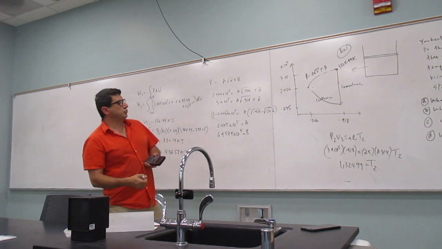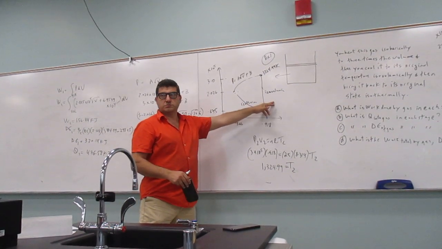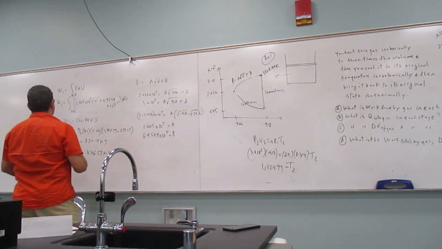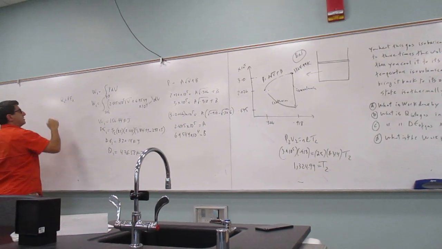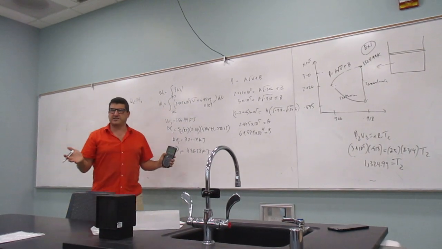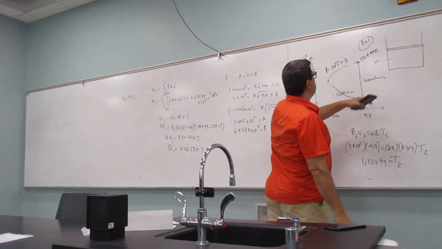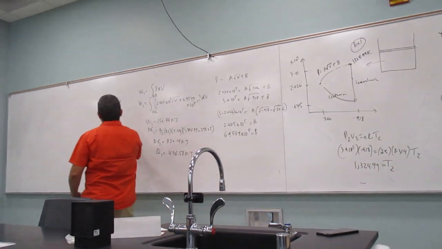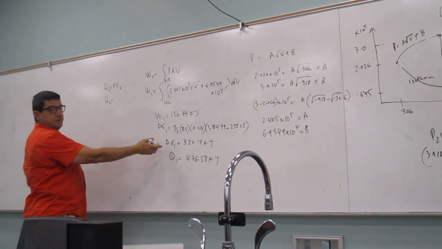How about Q2? Q2 is going to be delta E2, and W2 is going to be 0, since that's still isovolumic, right? So what's the delta E2 going to be? Same as delta E1, right?